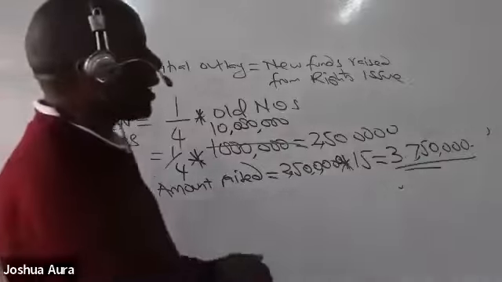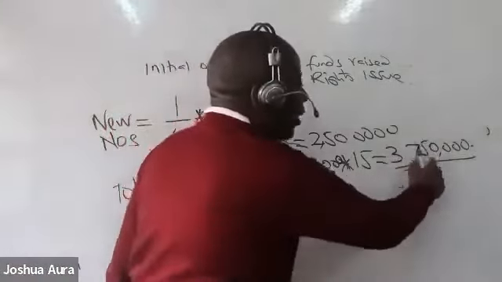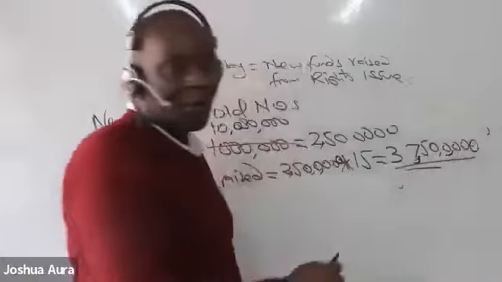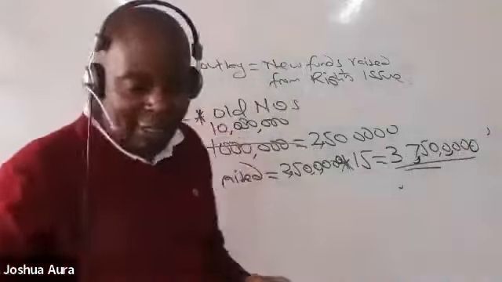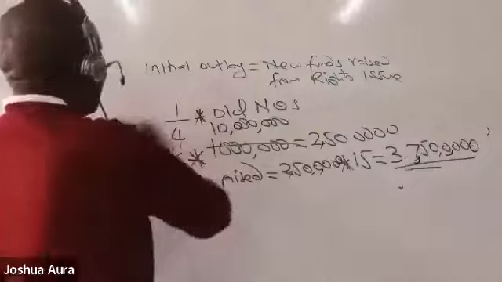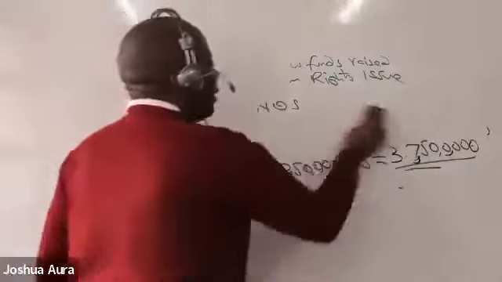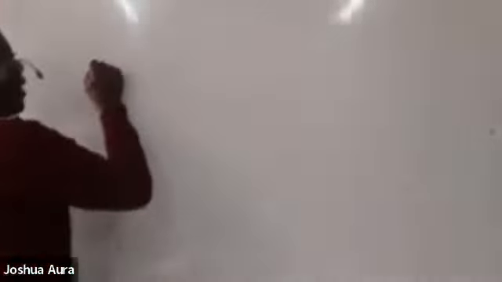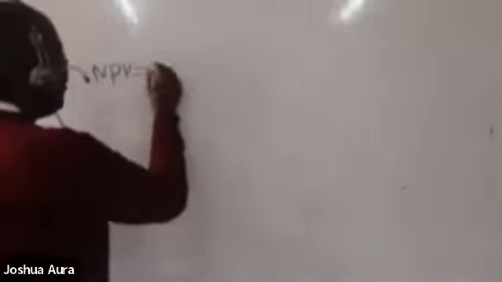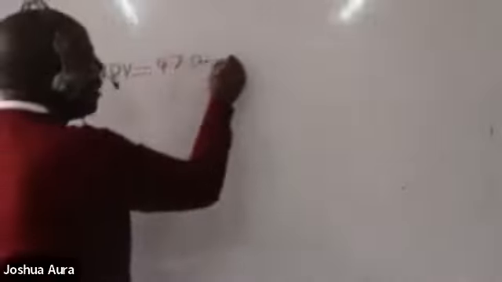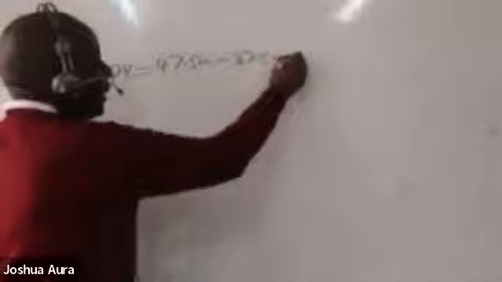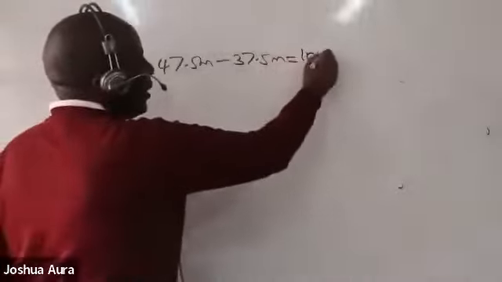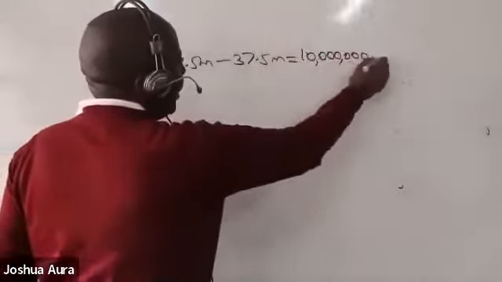And if we do that, then we shall be able to raise how much here? 37,500,000, thousand, isn't it? And therefore, what will the net present value be? The net present value here will be 47.5 million minus 37.5 million, which gives me 10 million, isn't it?